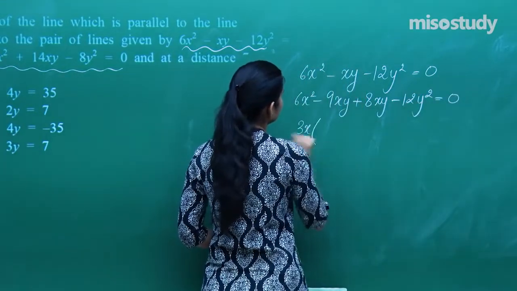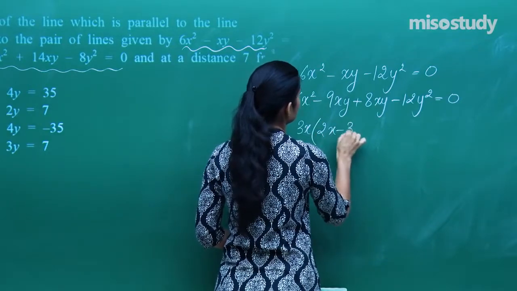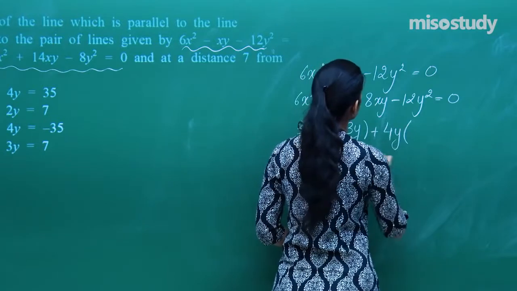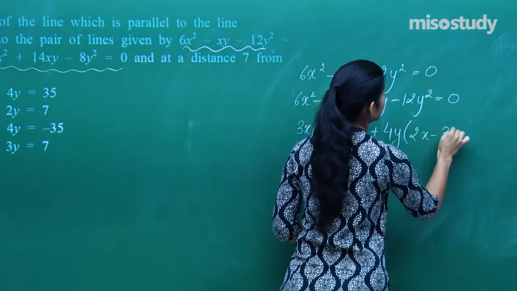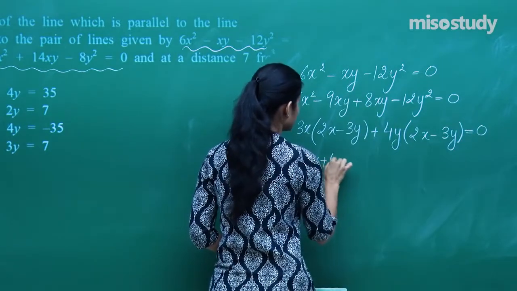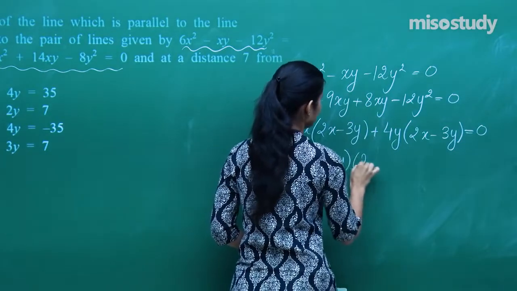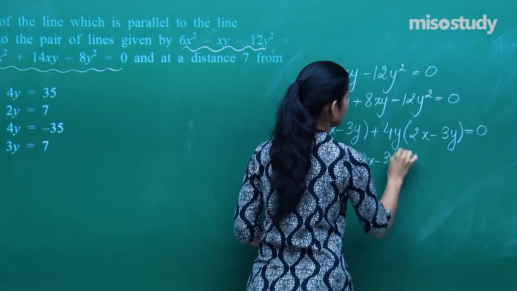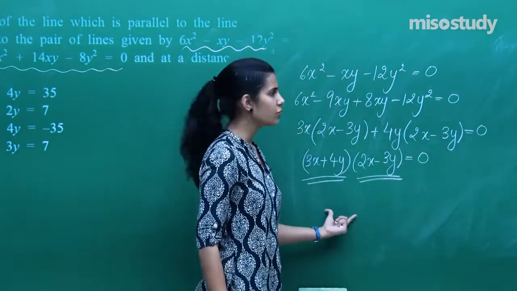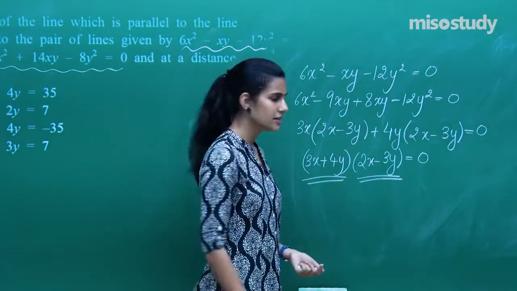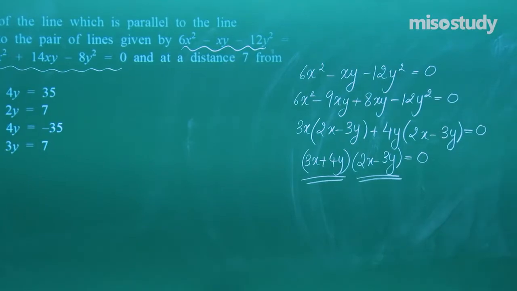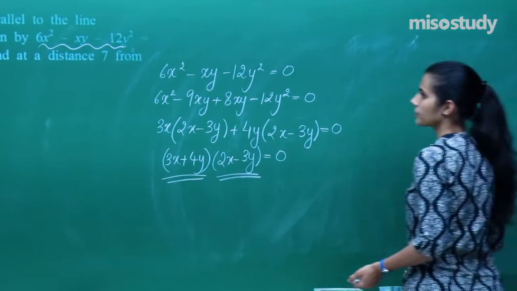Taking 3x common, 3x(2x minus 3y) plus 4y(2x minus 3y), so you get (3x plus 4y)(2x minus 3y) equals 0. This is the first line, this is the second line, and the joint equation of these two lines is actually this.